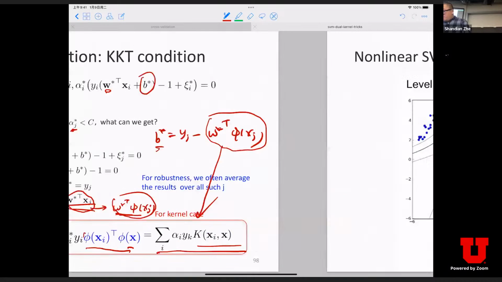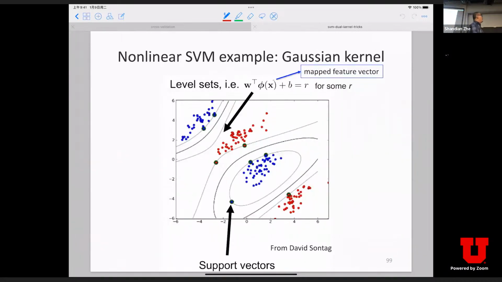Finally, we want to showcase what a nonlinear SVM looks like. Here is one example: positive and negative examples in our original feature space, which is two-dimensional. They're not linearly separable. Here we use a Gaussian kernel. You can imagine that after you map each point, blue and red, to an infinite-dimensional space, they are linearly separable.